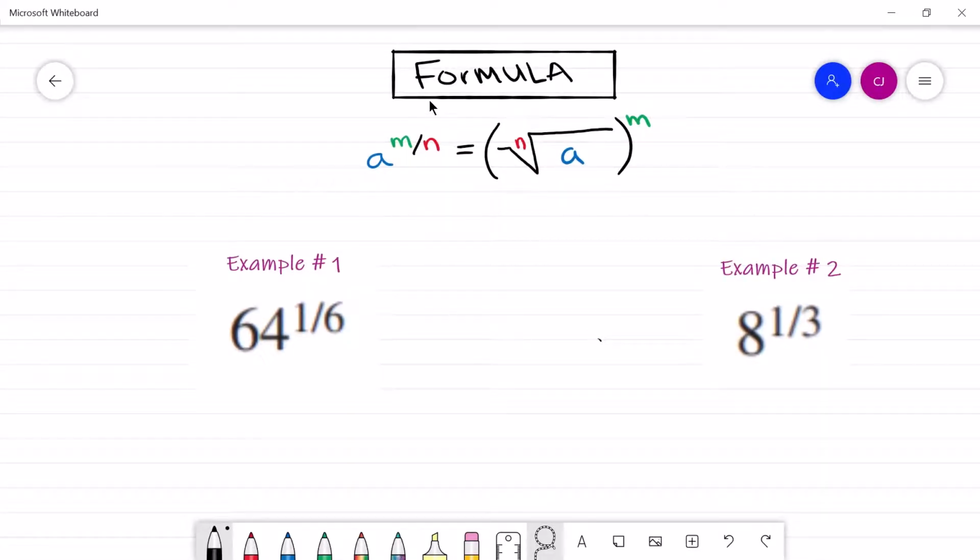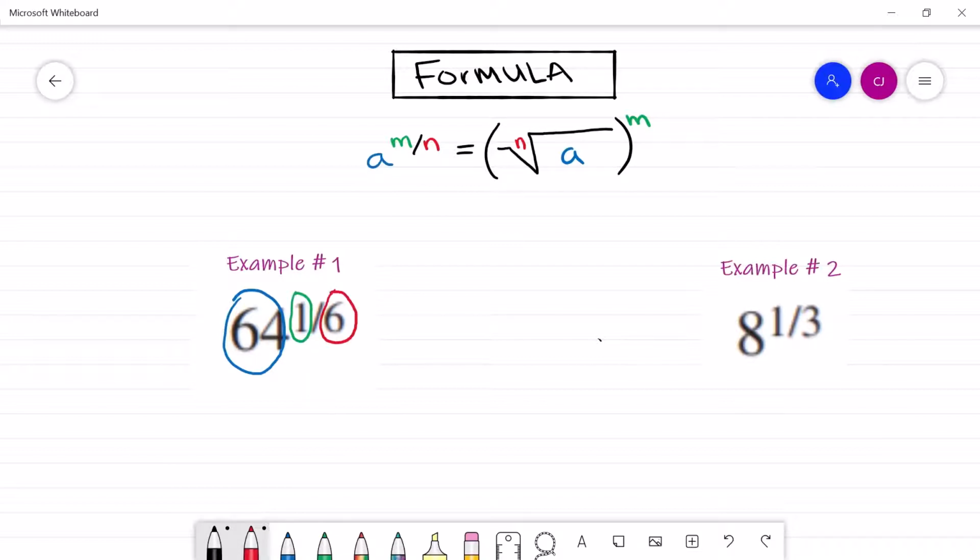With respect to my formula, my a in this case is going to be 64. So I'm going to circle the number 64 just so that you guys can see that. My m is going to be 1 and my n is going to be represented by the number 6.